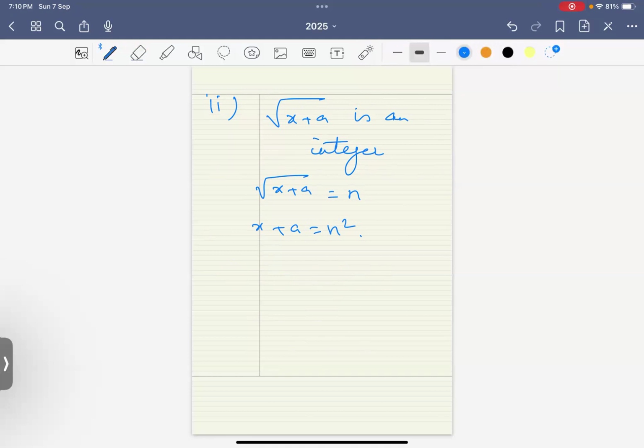Put it back in the original equation and you'll get n square minus n is equal to 2a plus y square minus 2y root a. Obviously y has to be 0 because a is not a perfect square. So you get that a is equal to n square minus n by 2. The highest number you need, which is a sum of natural numbers, is going to be 91.